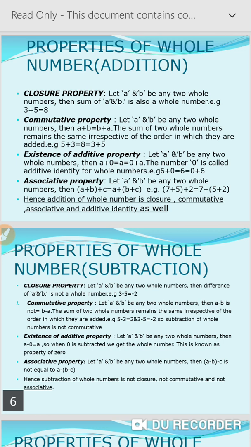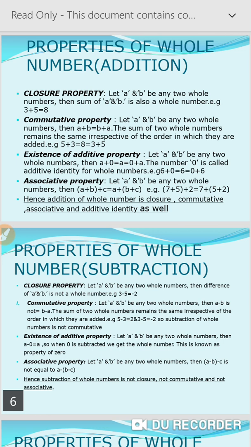Now is your associative property. What your associative property says, class, you can group 3 numbers in any way. Suppose class you have 3 numbers a plus b plus c. Whether you group a plus b or you group b plus c, their answer will be the same. I have taken an example here.